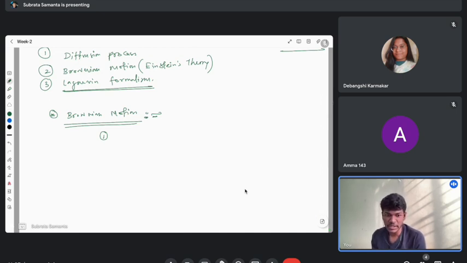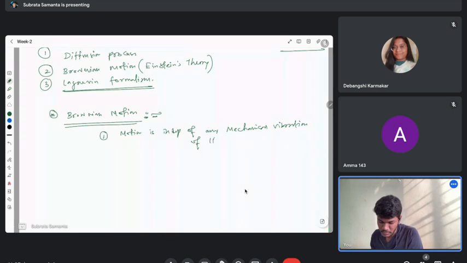That means we are not putting any external force on it. This is purely internal motion. Mechanical vibrations mean we put an external force on the container, the container vibrates, and due to this the molecules vibrate. But that kind of motion is not Brownian motion.